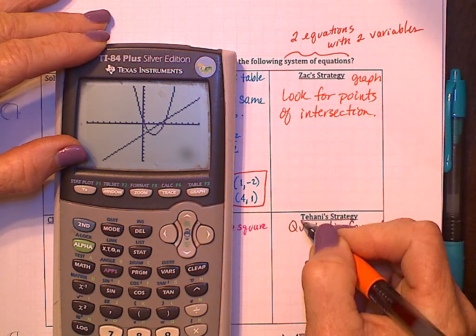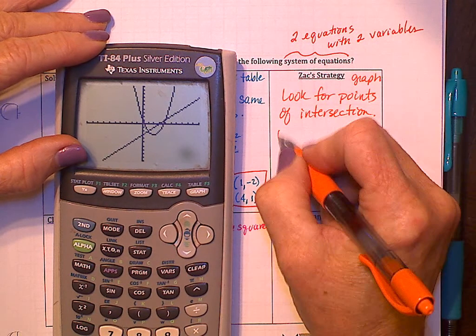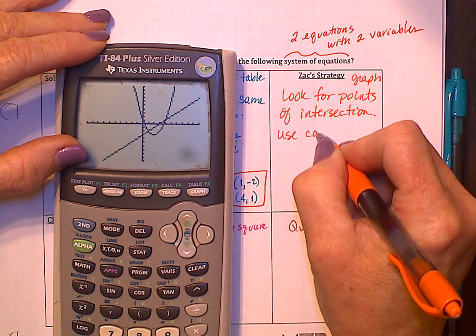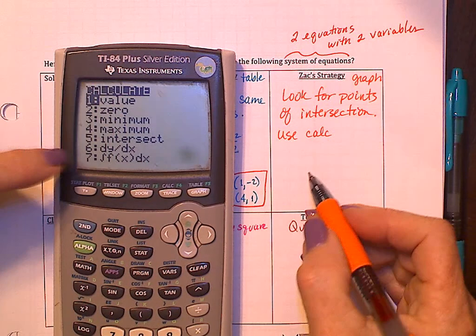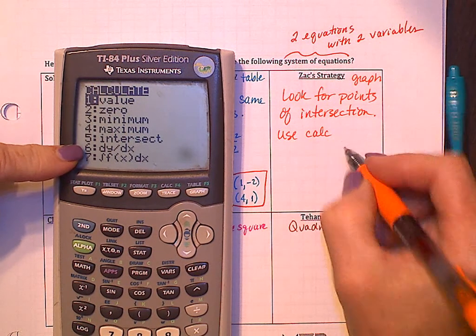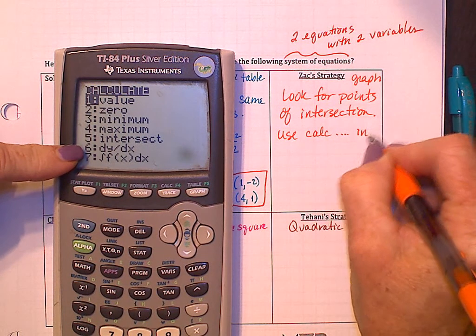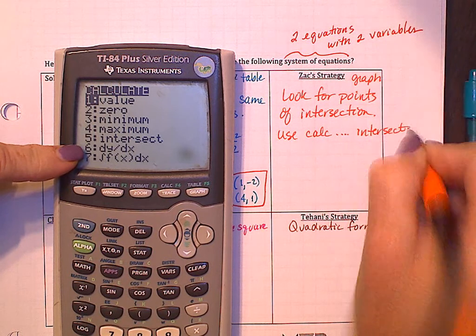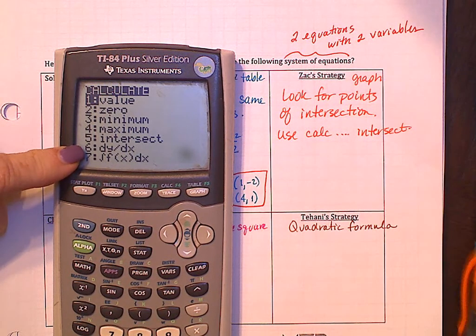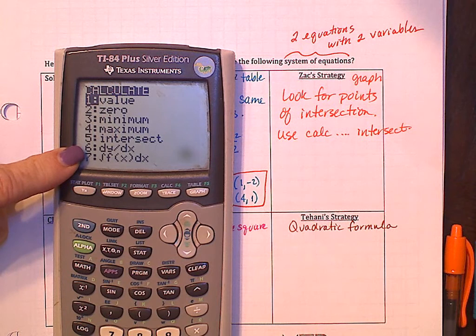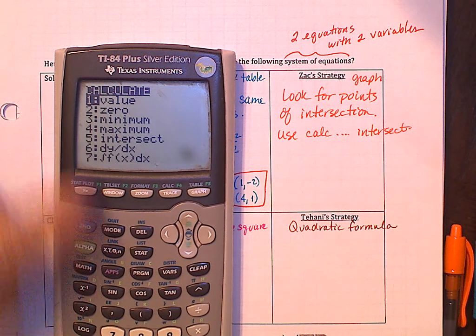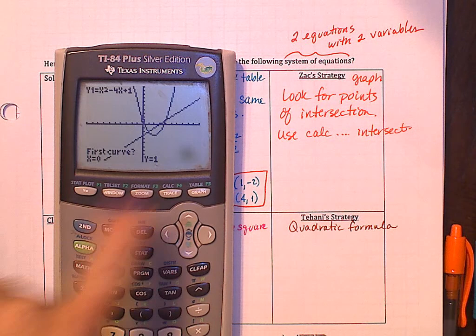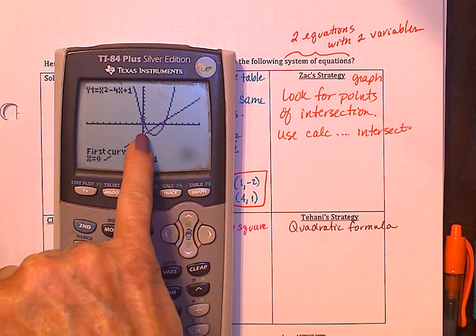So we're going to use the calc menu. So second trace, and then intersect, because we want points of intersection. And again, just like for zeros and for a maximum and a minimum, the calculator is going to ask you 3 questions. So we're going to go to number 5, and we're going to find this one down here, this one that's on the left first.